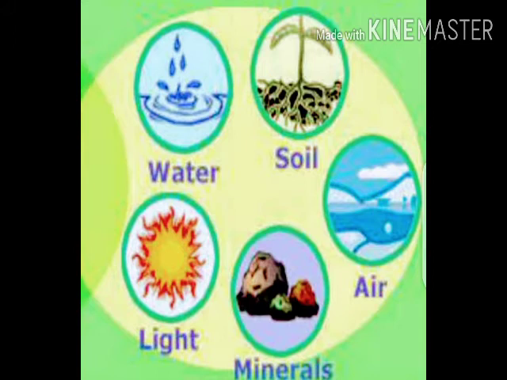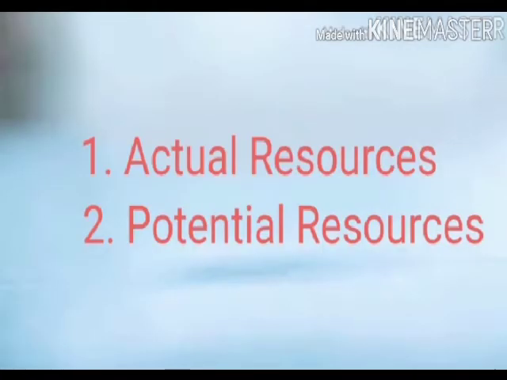Natural resources are classified based on their development and use, origin, stock and distribution. The first one, on the basis of development and use, we have two types. Those are actual resources and potential resources.